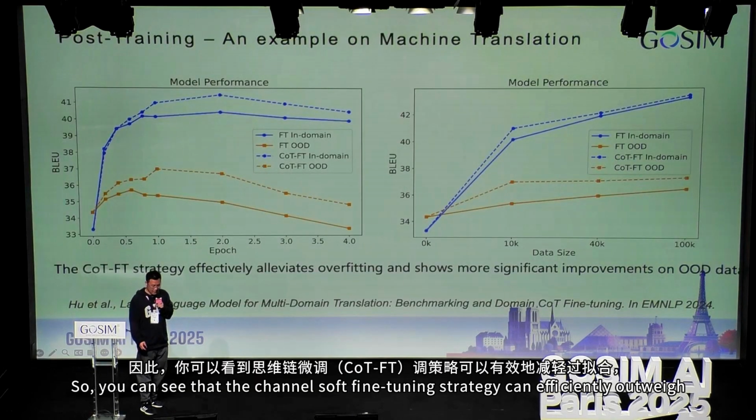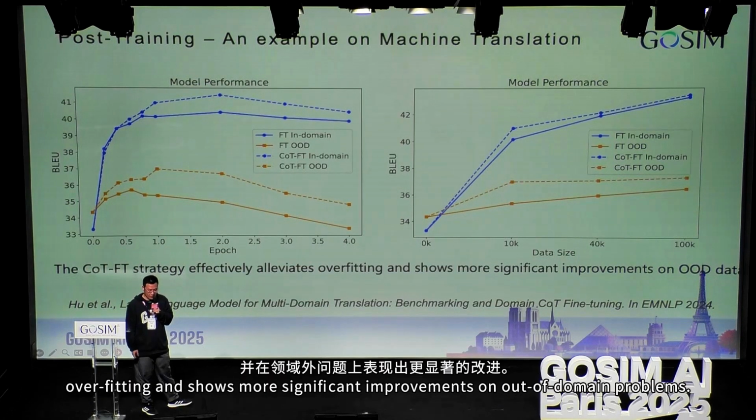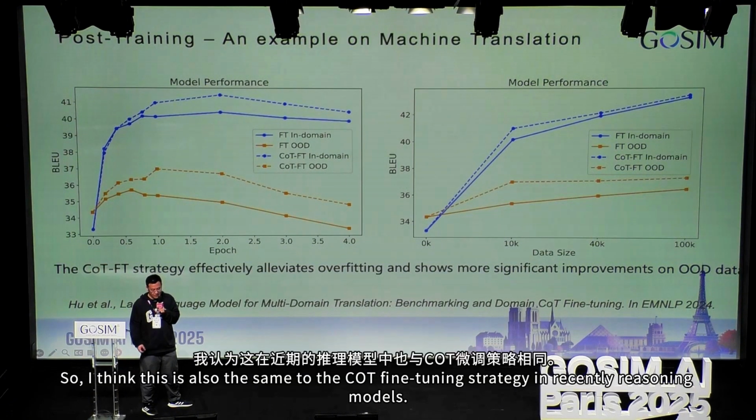You can see that the chain of thought fine-tuning strategy can efficiently alleviate the overfitting and shows more significant improvements on out-of-domain problems. I think this is also the same as the CoT fine-tuning strategy in recent reasoning models.